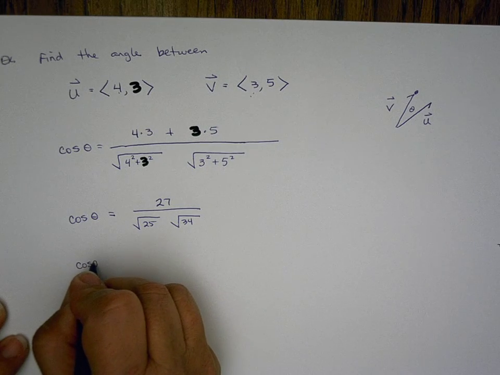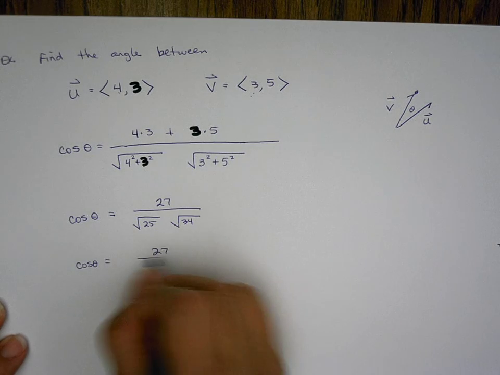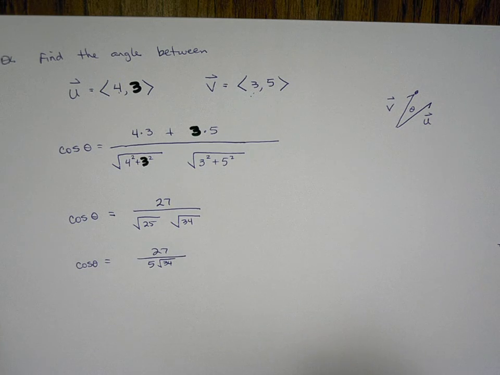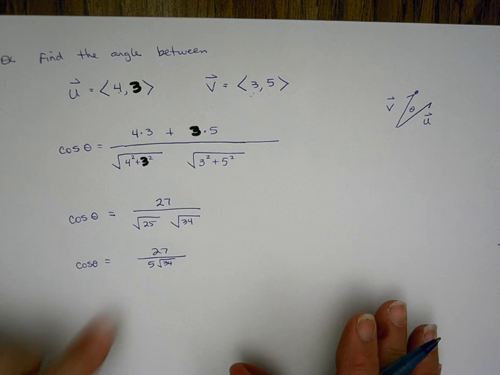So the cosine of theta is going to be 27 over 5 root 34. It's an ugly number, but you're just going to do this in your calculator, so that's not important to know.